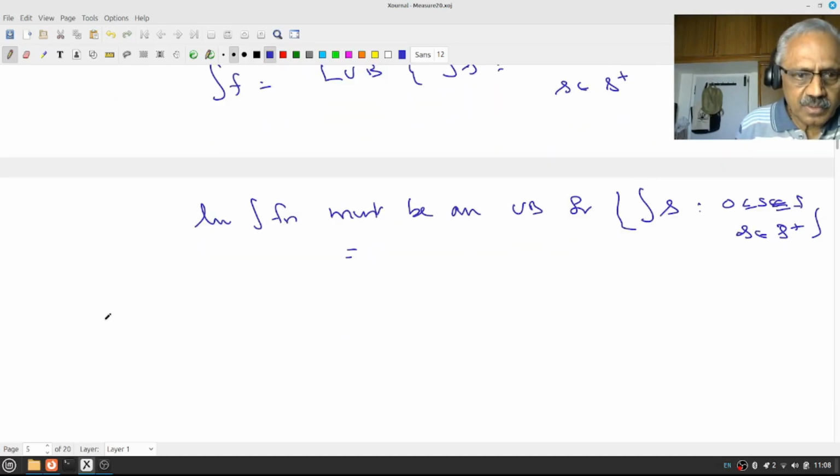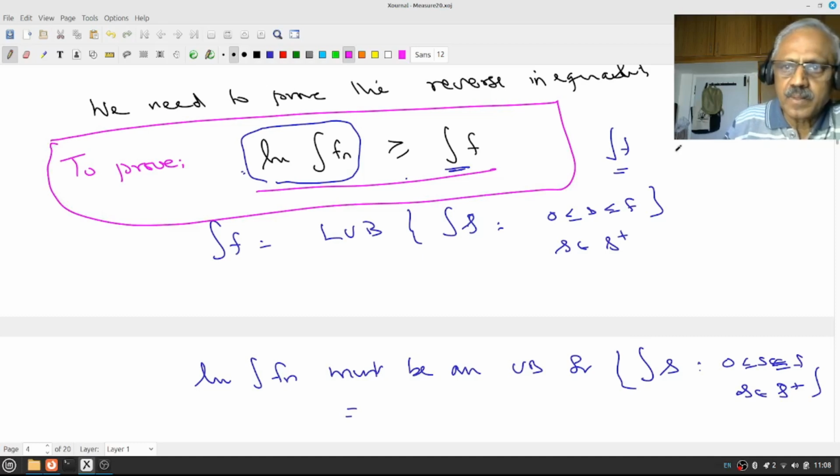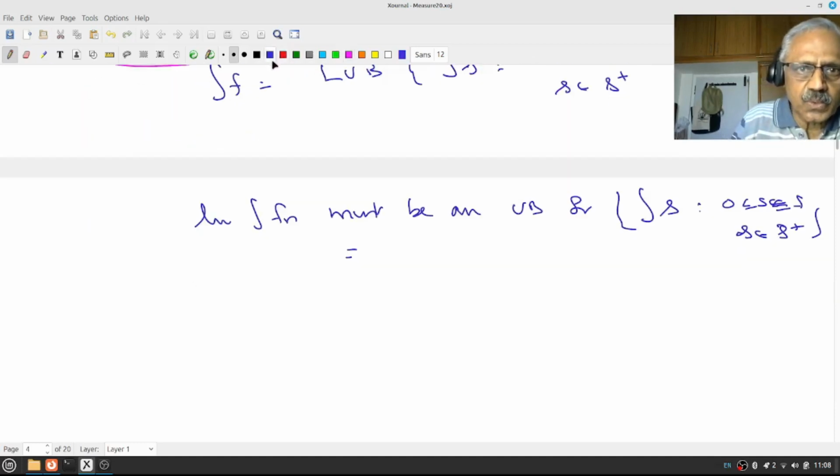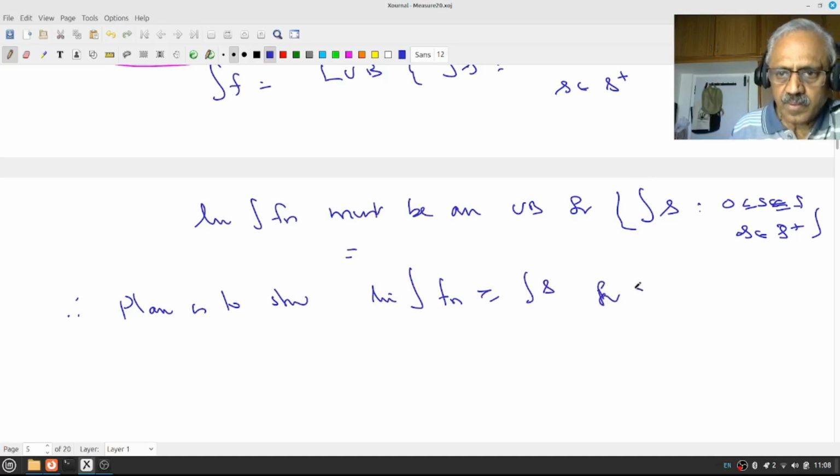So the idea to prove this, let me call it the pink box, is to show that the limit of the integral of Fn is greater than or equal to the integral of s for any simple s with 0 less than or equal to s less than or equal to f.